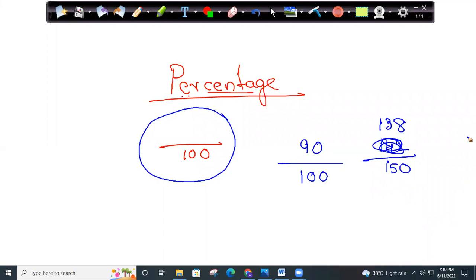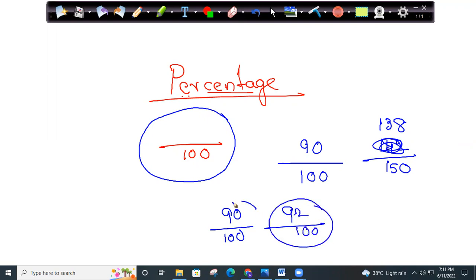Now if I say one student got 90 marks out of 100, other student got 92 marks out of 100, immediately you will say the student who got 92 marks performed better than the student who got 90 marks.